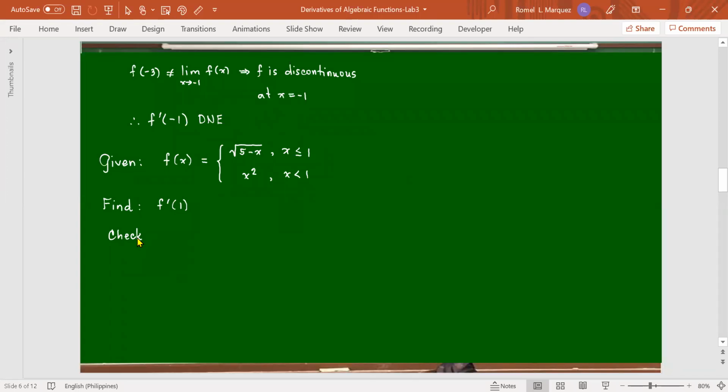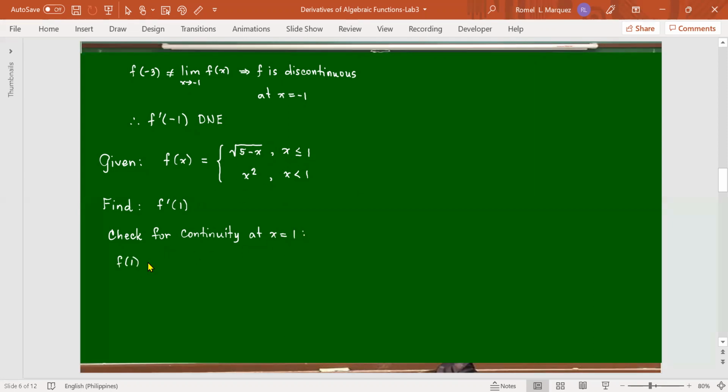Because if f of x is no longer continuous when x is 1, then there is no need to continue, guys. Check for continuity at x equals 1.